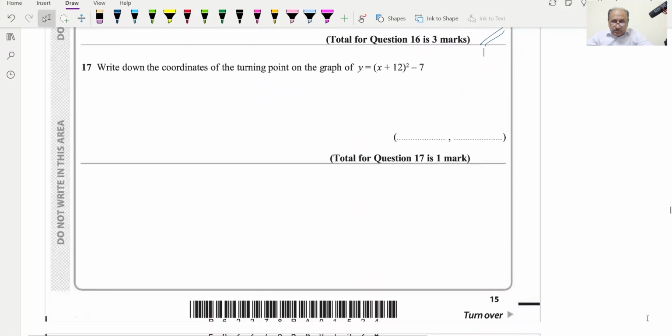Okay, now question number 17. It says write down the coordinates of the turning point of the graph y is equal to (x plus 12) squared minus 7.